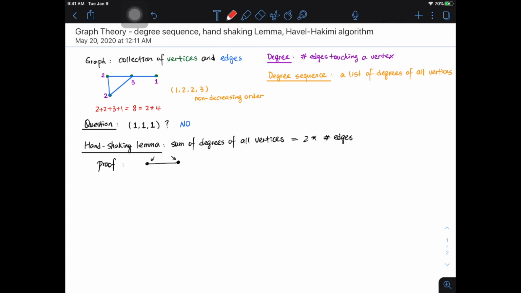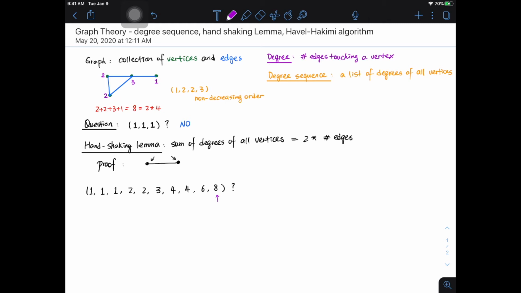Cool. Now let's look at a slightly more complicated degree sequence, and let me write it here. The question is whether there's a graph whose degree sequence is this. I'll try to construct a graph whose degree sequence is exactly this, following a particular procedure. I'll always pick the vertex with the highest degree, and in this case, the degree is 8.